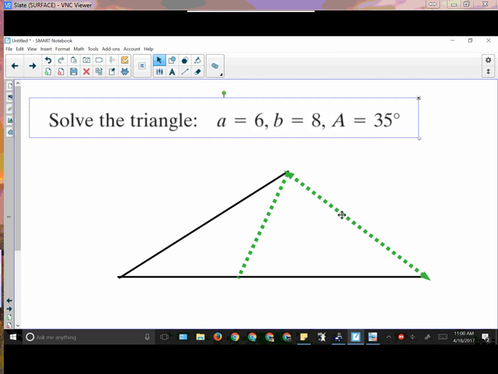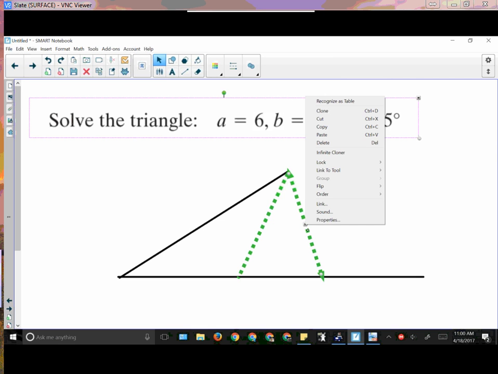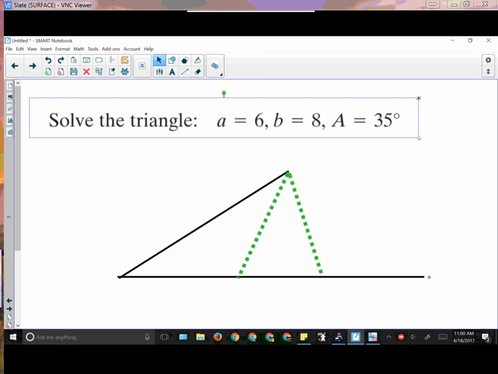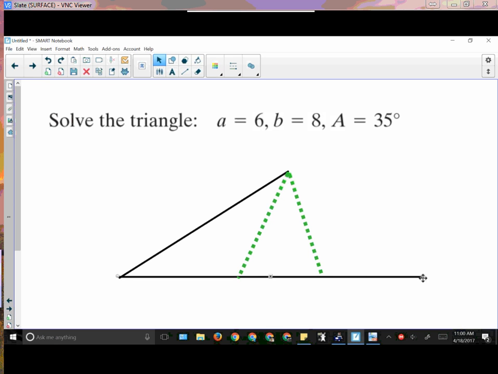Probably. So sometimes what I can do is adjust so that it looks about right. So there's my possible triangle.